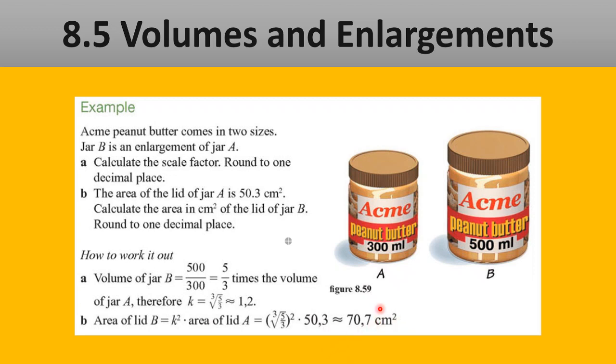Remember, now we're talking about area again. I think the most difficult part of this last paragraph is going back and forth between converting k to the third and k squared, and knowing when to use which.